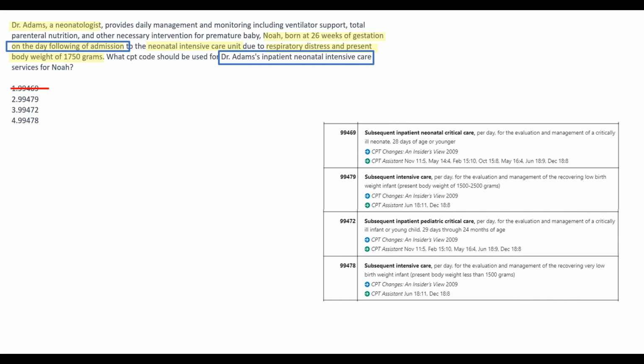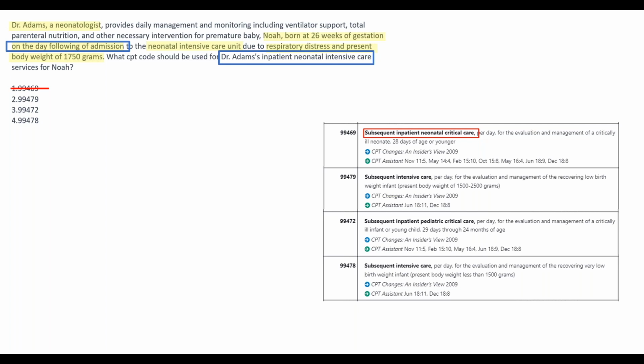So that will eliminate option 1, which is 99469, subsequent inpatient neonatal critical care per day, evaluation and management of a critically ill neonate 28 days of age or younger. Can someone explain why I can eliminate option 1, coders? Why is option 1 wrong? Yes, you all have got this one correct.